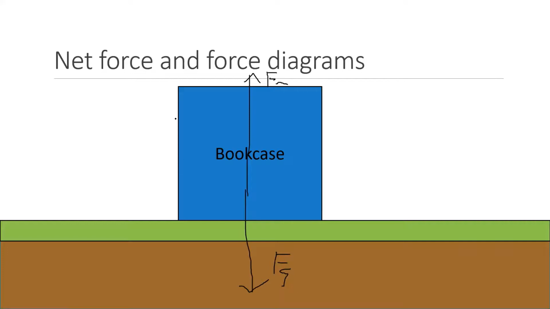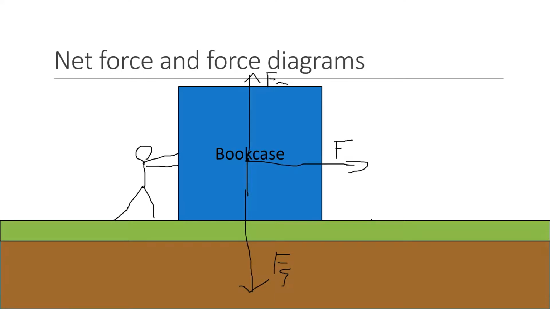Now, if we're standing against this bookcase and we're trying to move it, we're going to be pushing to the right. So I'm just going to draw an arrow here and I'm going to write F.